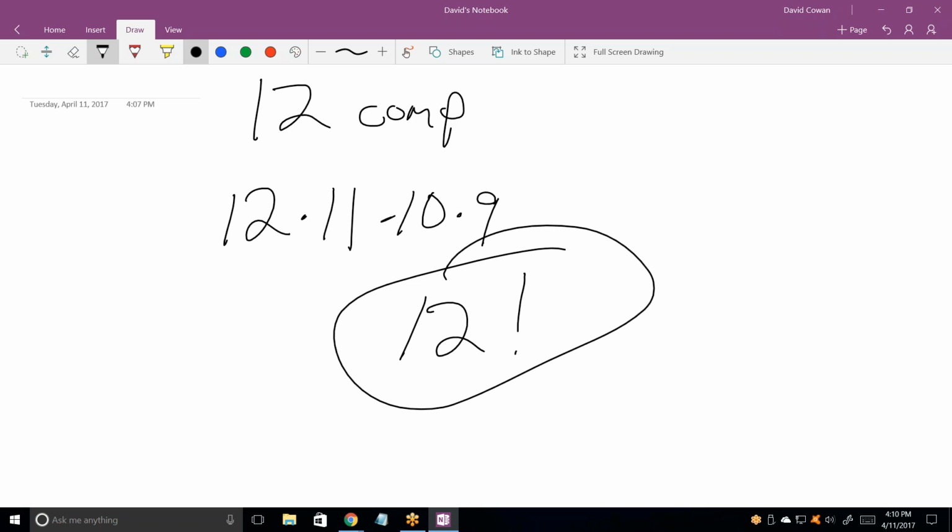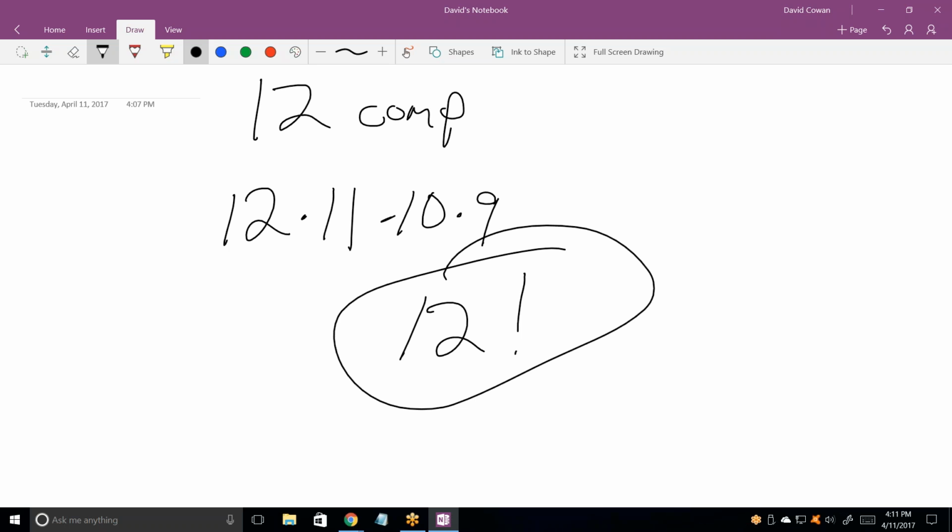What is 12 factorial? Well, I don't know. I don't care. That's a number, okay? You can always get that out of your calculator. Well, most calculators you could. Wait, what's the question again? How many different ways can 12 competitors finish a ski race?